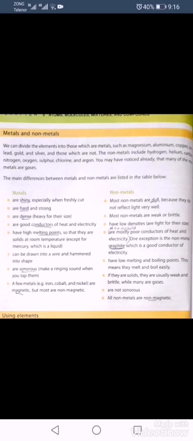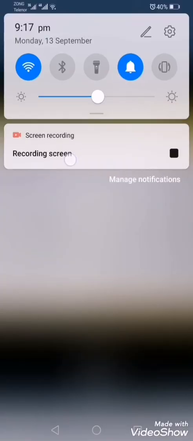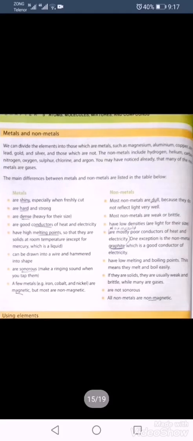Dense means they are heavy. They are good conductors of heat and electricity. Metals have a high melting point. There are some common differences between metals and non-metals.